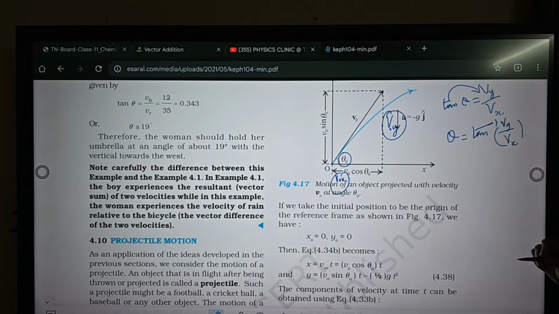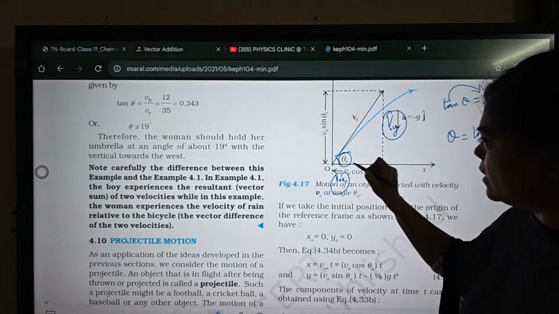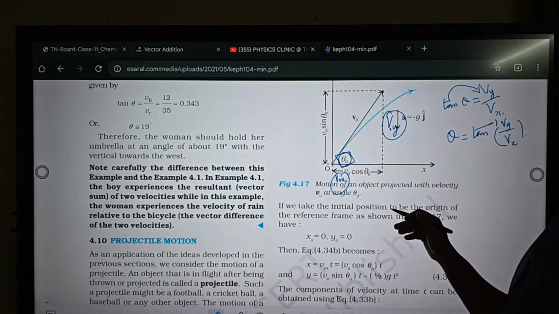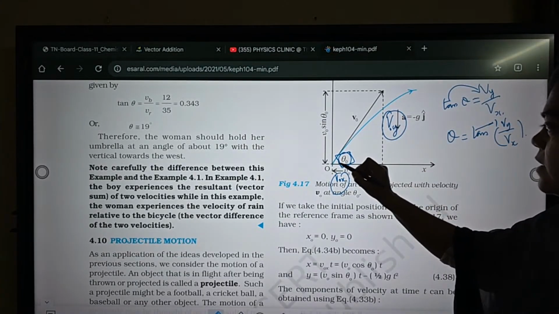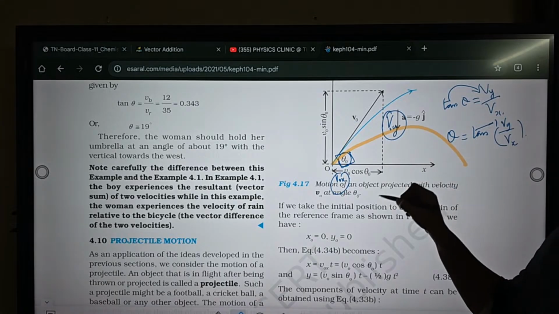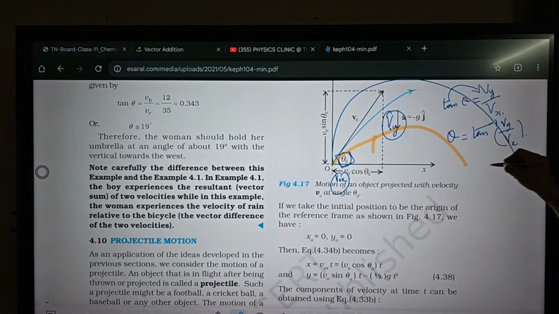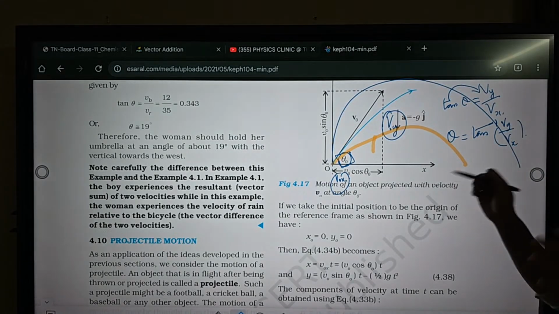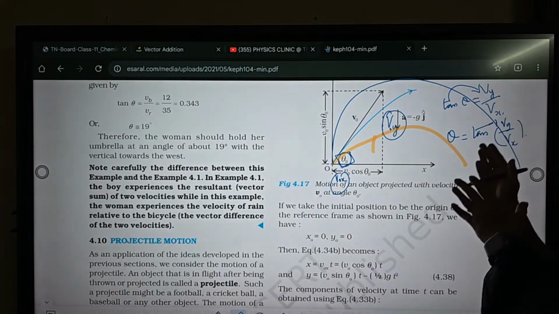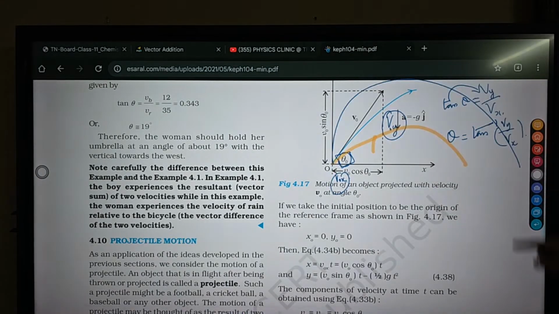Is it clear? That is what is given in your book. It talks about the direction. Based on this theta, the direction varies. If theta decreases, the direction will be like this; if theta increases, the direction will be like this. So if you want to find theta, it is tan inverse of the Vy component by the Vx component.